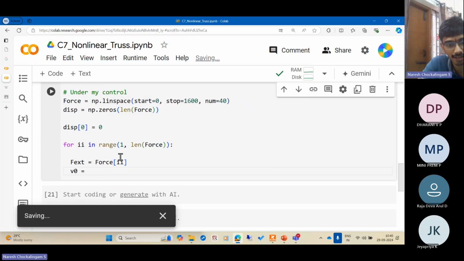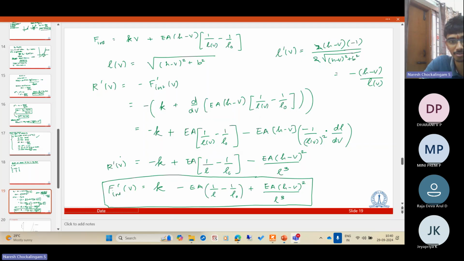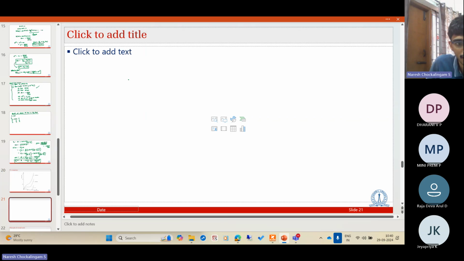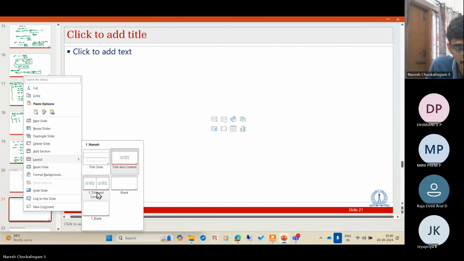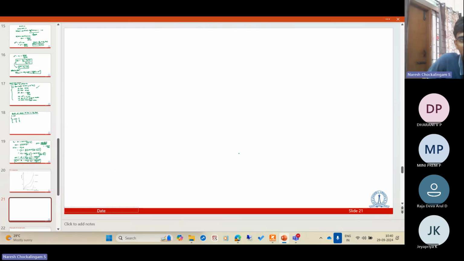I hope you understand what we are doing. My objective is, I have a curve like this, starting here at 0, and I want to get to some force.